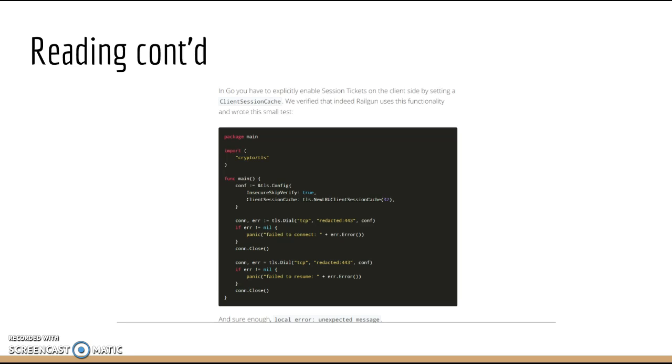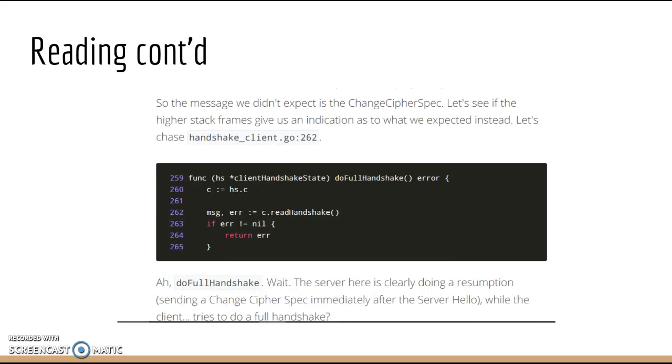So he runs this little test, and he gets an error message. To dig deeper, he tries to find the error message, and he finds it here at the handshake.